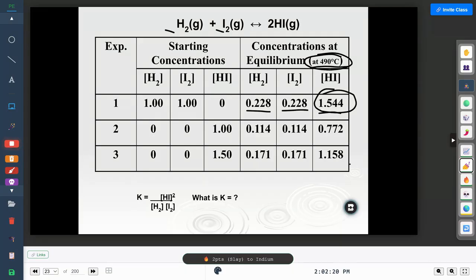What do you think we're going to come up with for our answer in all 3 situations? The same answer, right? Because the only thing that affects K is our temperature. It doesn't matter what concentrations we start with. Ultimately, we're going to end up at the same K value. Now, we might not end up at the same concentrations of each of them when we're finished, but we're going to end up having the same K value.